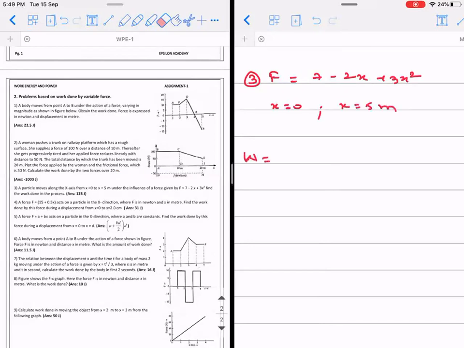So work done will be equal to the integral of f dx from where to where? 0 to 5. So the integral of f is 7 minus 2x plus 3x square times dx between 0 to 5.